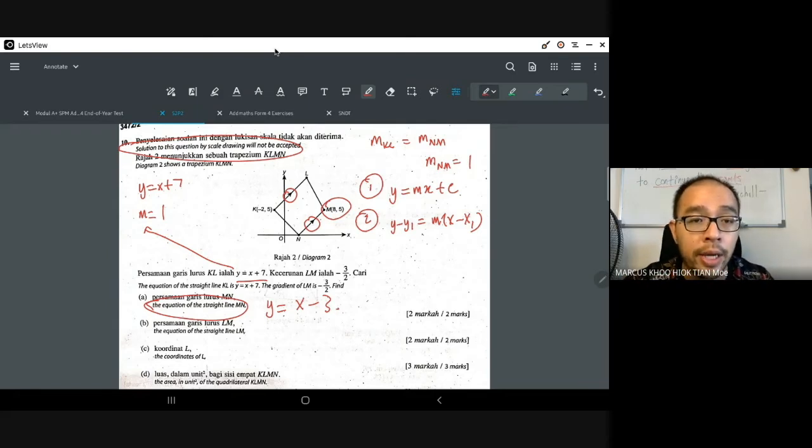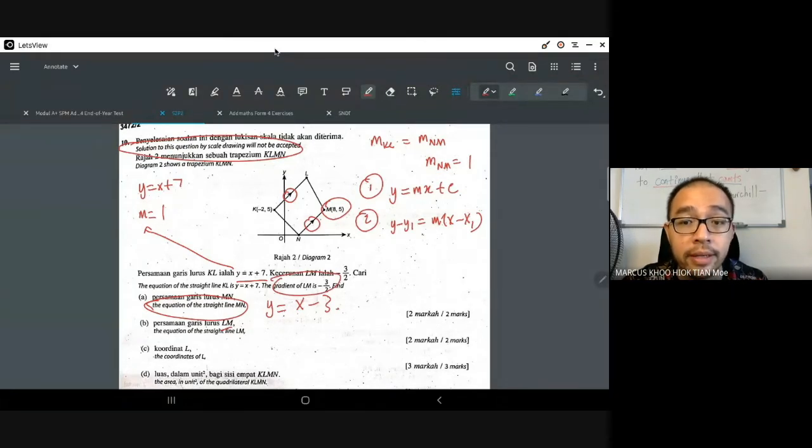The next one is the trapezium, sorry, the equation of the straight line LM. Sorry, they now give the gradient as negative 3 over 2.